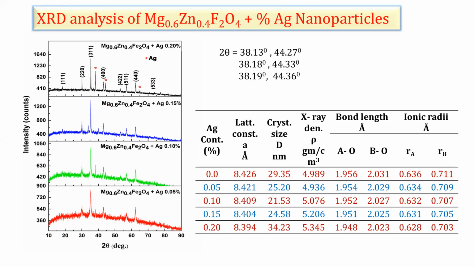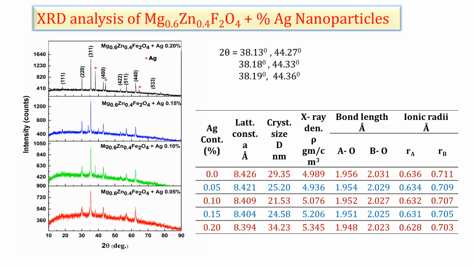It is observed that the lattice constant of silver added MgZn ferrites decreases with increasing Ag content. It means that silver, having a larger size compared to iron, cannot enter into the lattice. It forms grain boundaries around the grains, and that is why we get a decreasing trend of lattice constant with increasing Ag content.